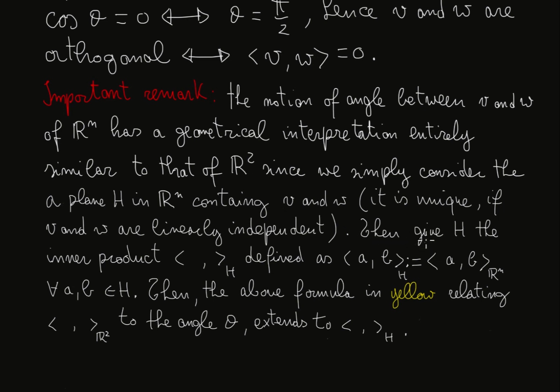Then, let H be this plane, we can give H an inner product, defined as the inner product between A and B in H being the same inner product that we have in Rn. So if we are considering the scalar product, the one associated to the identity matrix, this will give an inner product to H for any A and B in H.